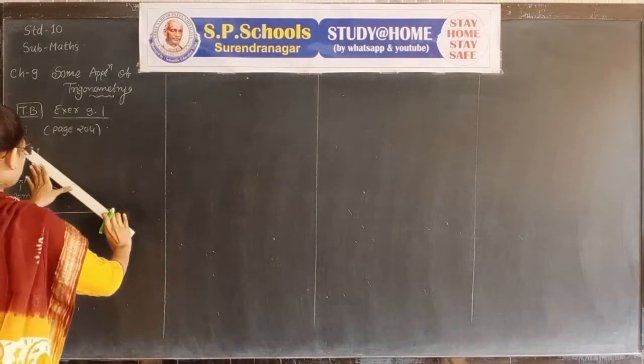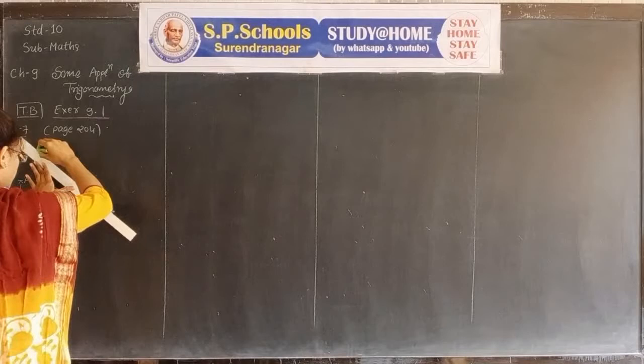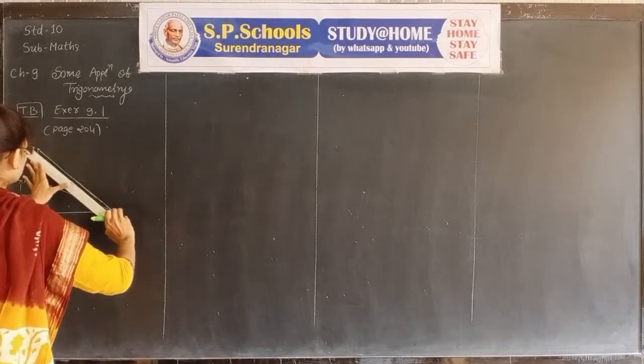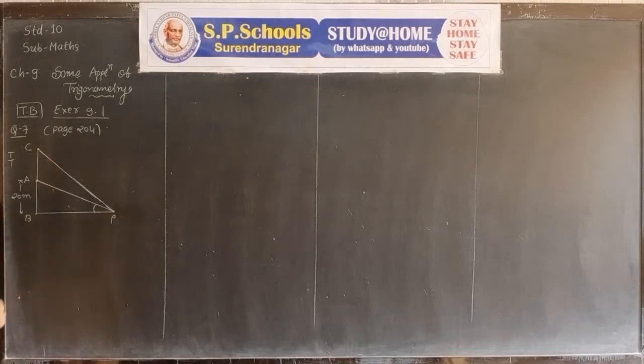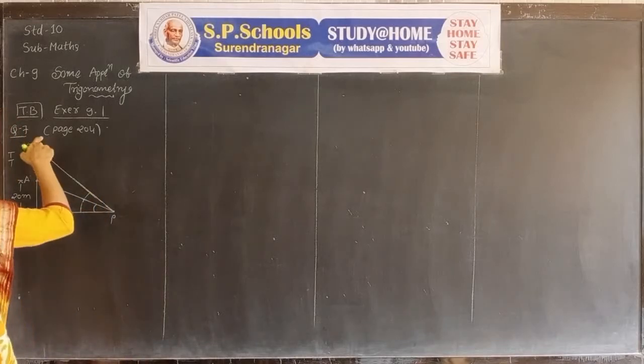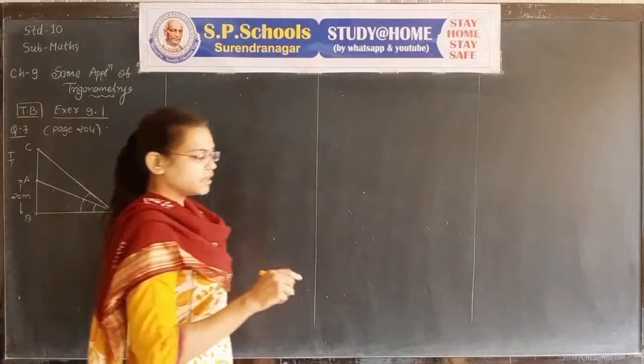And in the same way P to C is the line of sight and PB is horizontal, so angle CPB is the angle of elevation for the top of the transmission tower. Both angles are given.